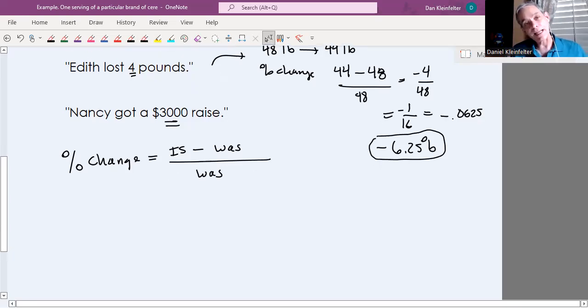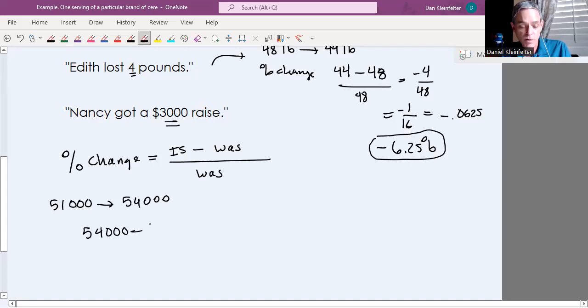Okay, let's take Nancy and her raise now. So let's say that Nancy made $51,000 before, and they raised her up to make $54,000. Okay, so that's a $3,000 raise. What percentage increase did they give her? So what she makes now, which is the $54,000, minus what she makes before, which was $51,000, divided by the $51,000.